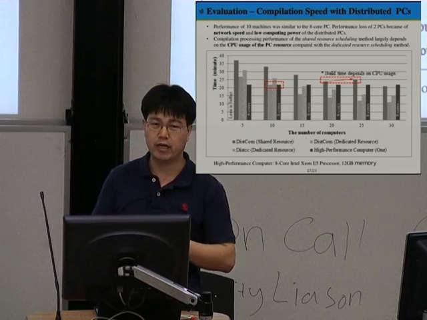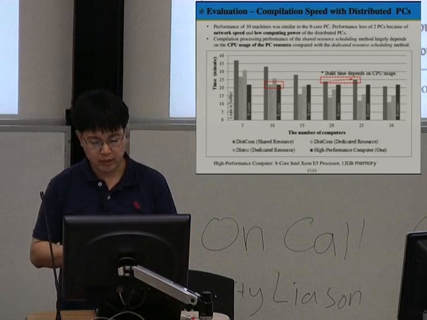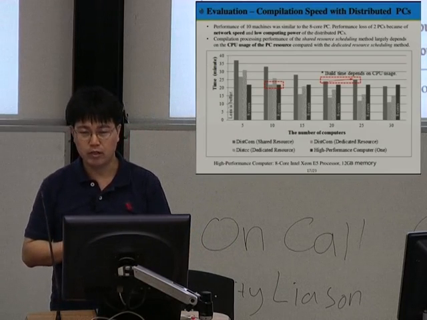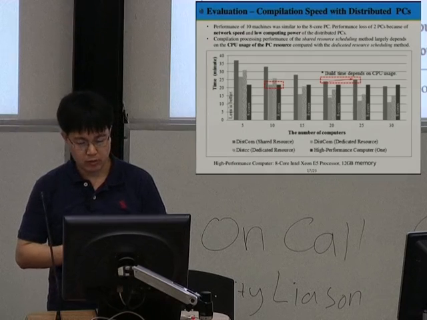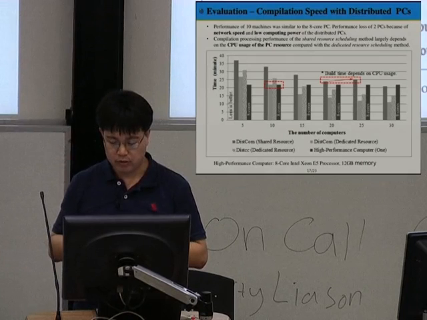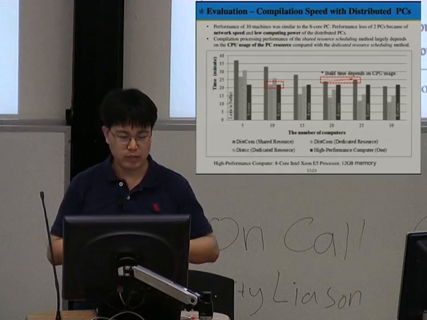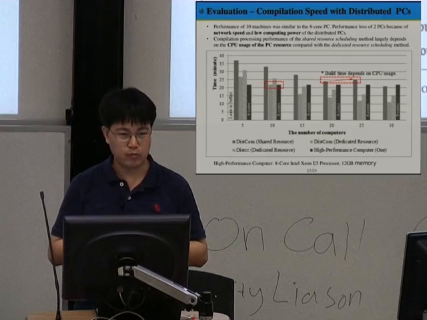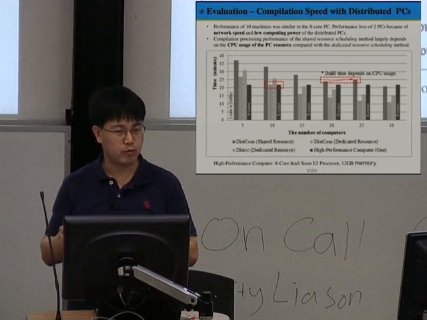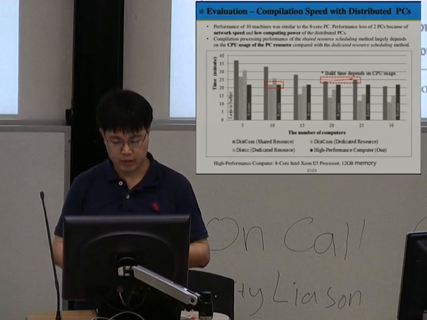At the beginning, I mentioned that when we adopted the dedicated resource scheduling, we can utilize the maximum of the CPU resource of the remote computers when the users are not using any resource, for example, after work time or after the classes in the university.